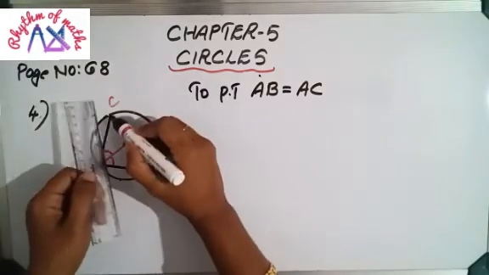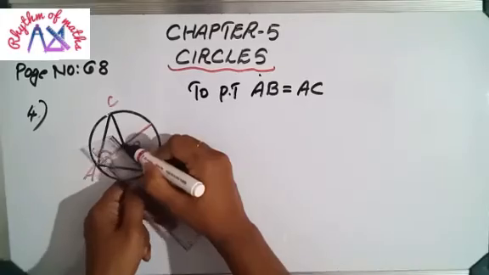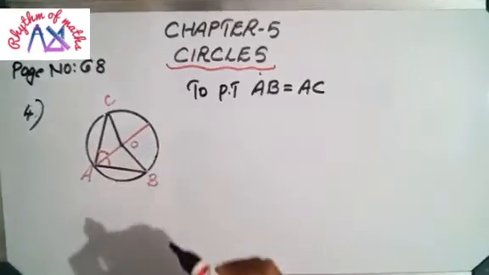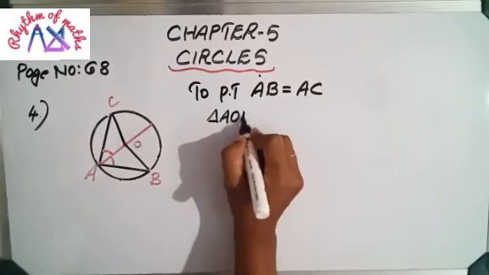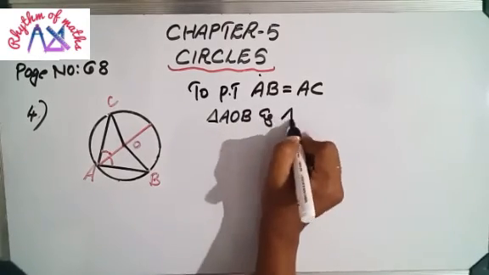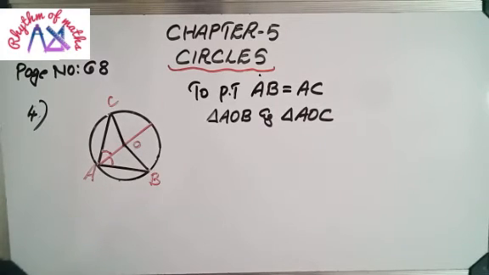First of all, join the end points of these chords to the center. Then we will get two triangles, triangle AOB and triangle AOC.